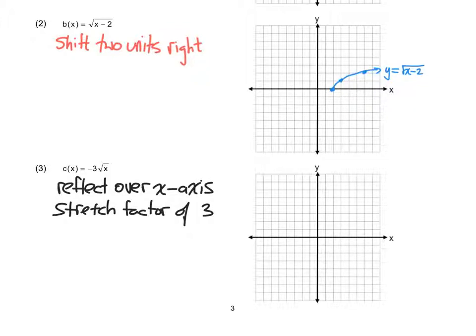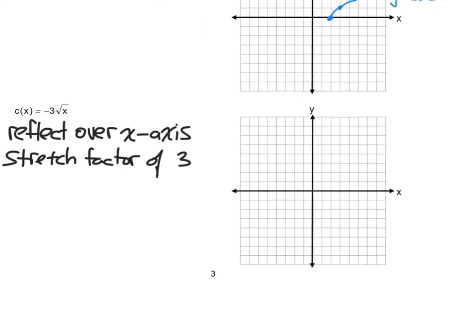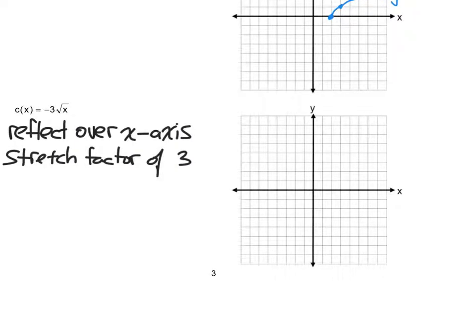Here I'm going to draw the parent function again, just because I'll have to scroll back and forth and it'll be kind of annoying. All right, so it's up to you whether you want to do it in stages or if you want to do it all in one shot.